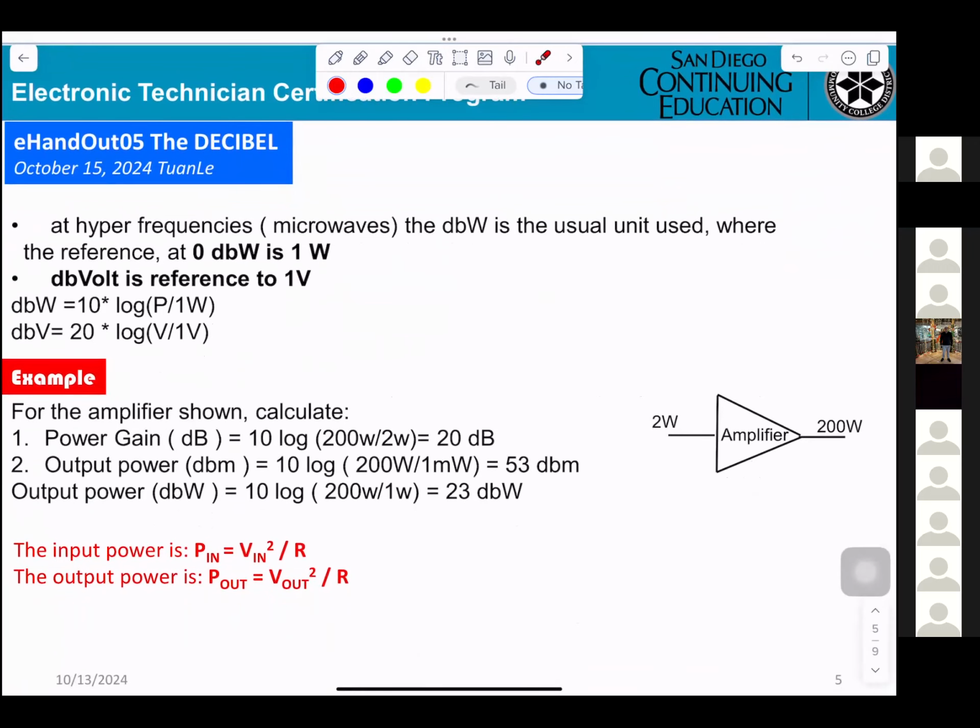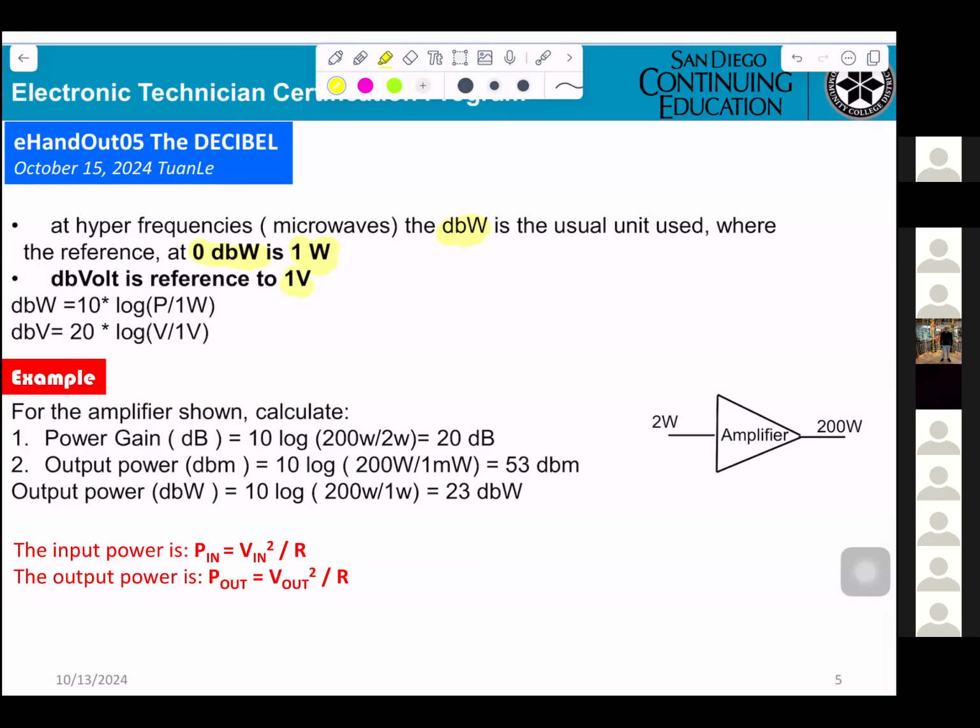At hyper frequency in microwave, dB is the usual unit used, where the reference at 0 dB watt is 1 watt. dB volt is referenced to 1 volt.